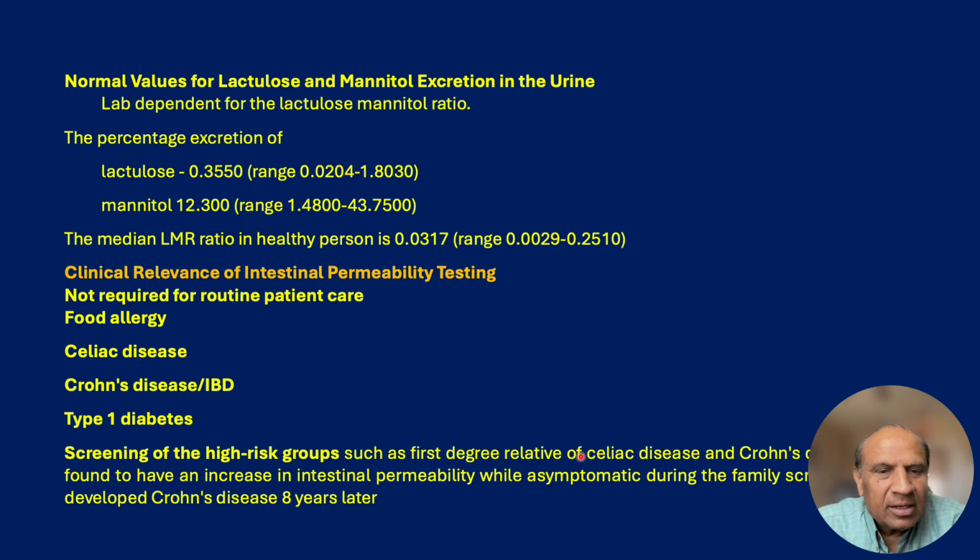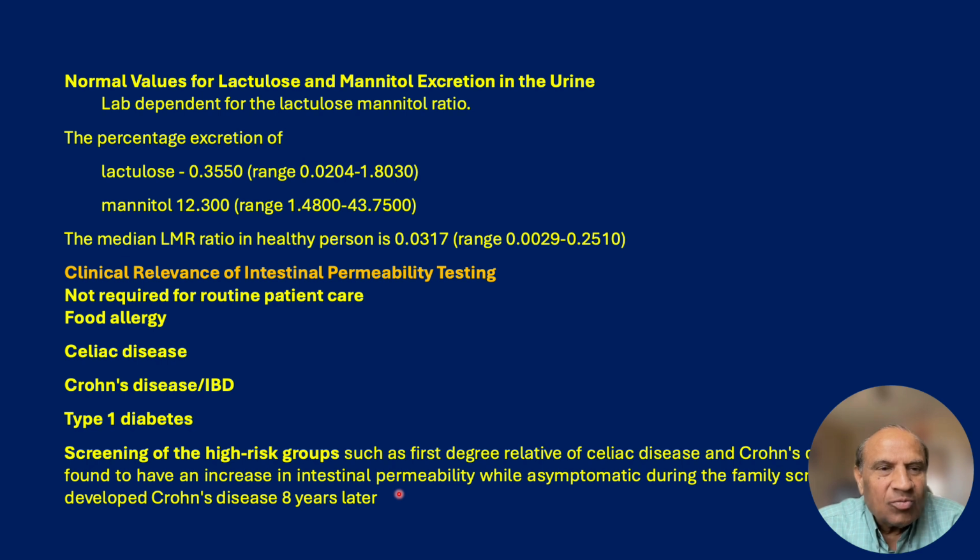During family screening, you may find someone with increased intestinal permeability who may not have developed disease yet. And it has been shown that it can be months or years before they develop the disease that they may have increased intestinal permeability. In one case, a patient developed Crohn's disease after 8 years of knowing that they have increased intestinal permeability.